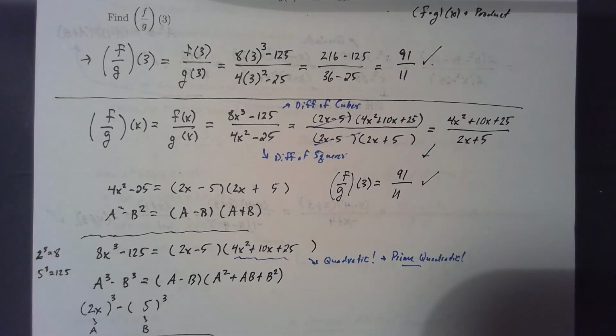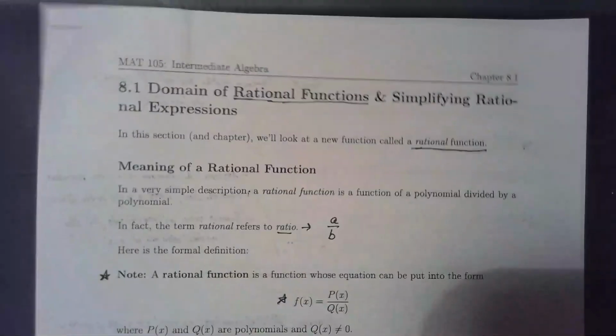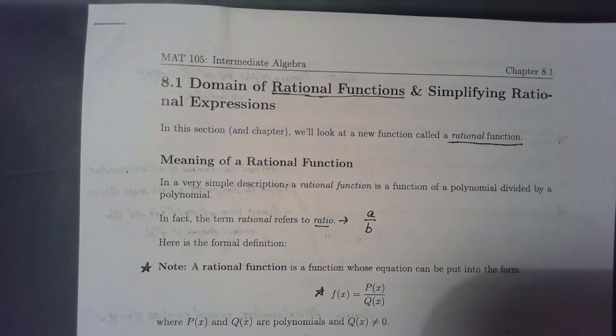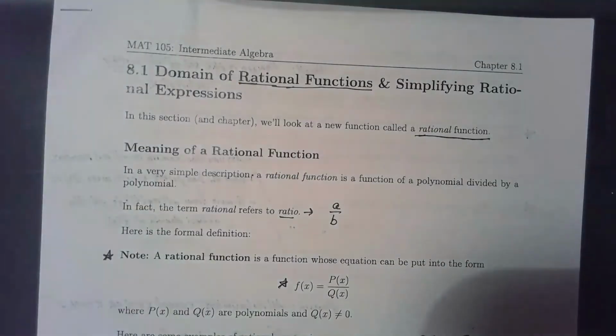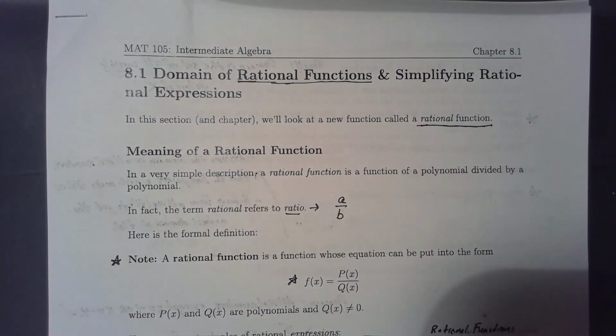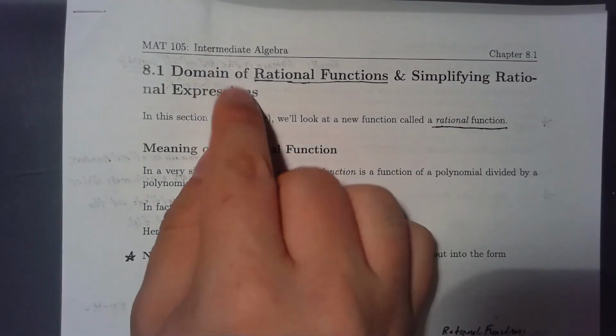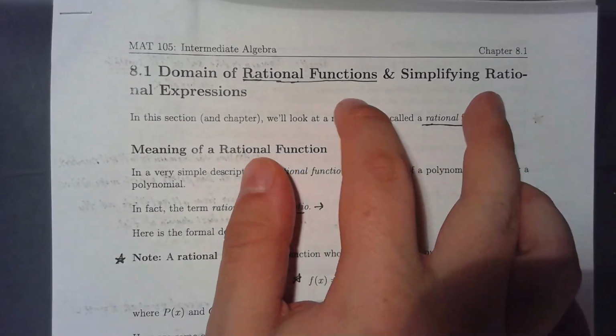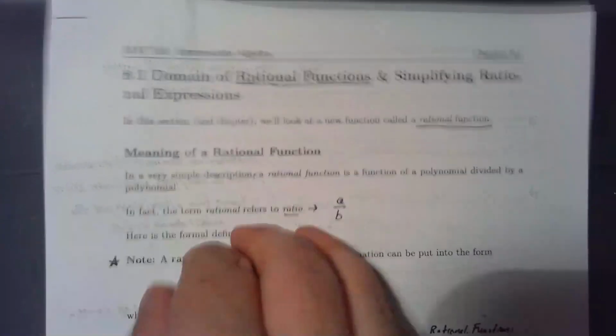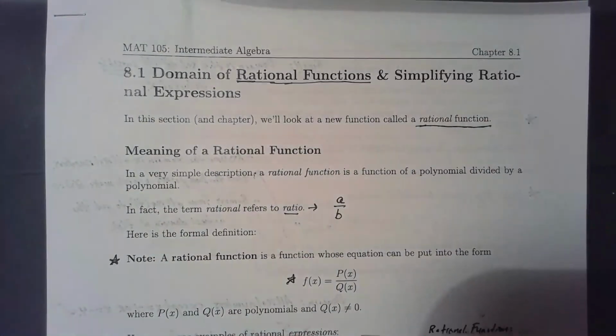So yeah, this first section is just a way to introduce you to some of the things that we'll look at when we deal with rational fractions. So the next few sections, like 8.2, 8.3, and I think 8.4, are going to look at doing operations with rational expressions, like adding them, subtracting them, multiplying them, dividing them, stuff like that.